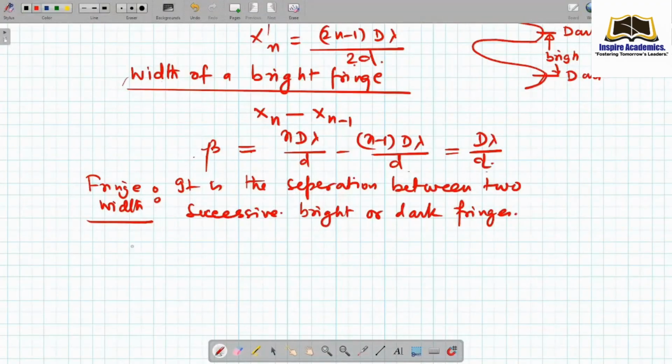Also, suppose I want to get separation between two consecutive dark fringes, so width of a bright fringe is nothing but xn minus xn dash. It can also be described as separation between two consecutive bright fringes.